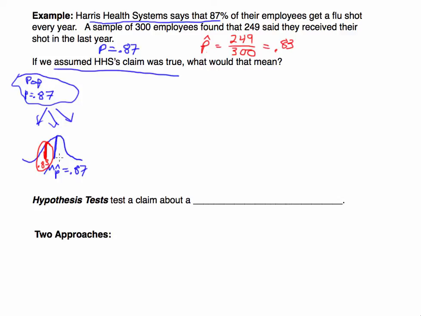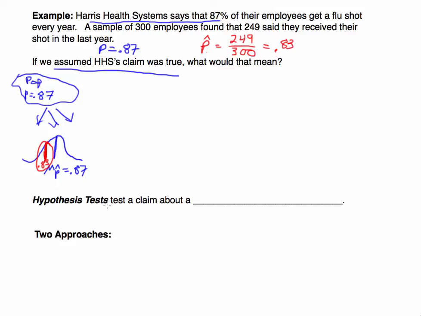So we assume the population proportion to be equal to their claim, we take a sample, and then we find the probability of actually getting that sample. If that probability is low, then we would most likely say that the claim that it is equal to 0.87 has a very low probability of being true.